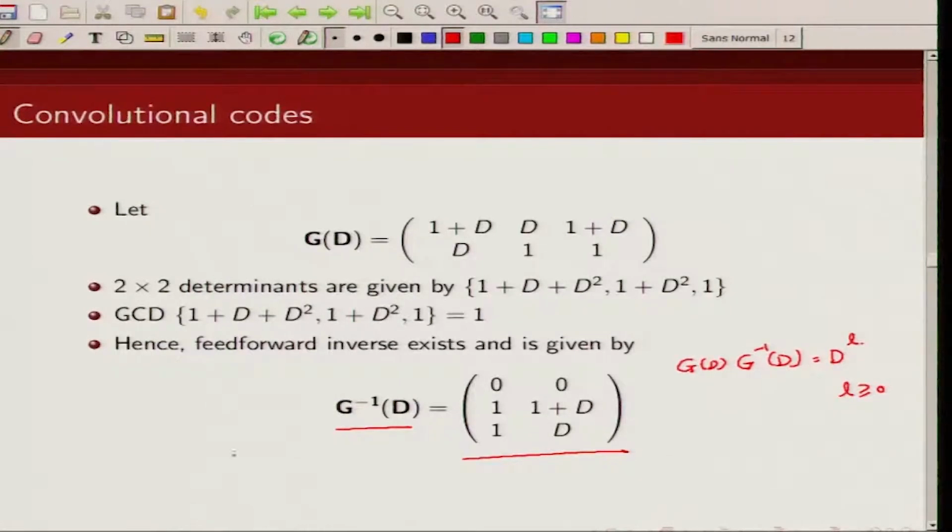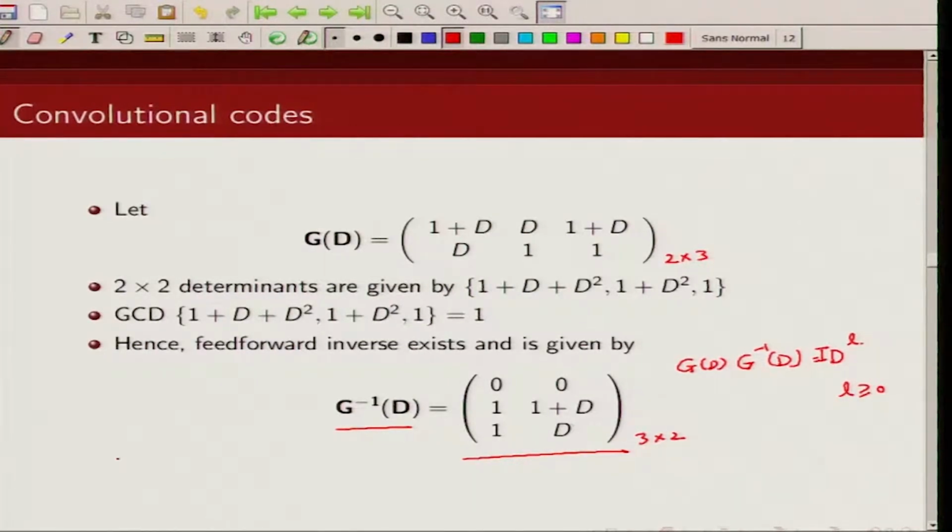Let us see, this will be 1 plus d times 0, and then d, 1 plus d. So, this is a 2 cross 3 and this will be a 3 cross 2 matrix. So, what we will get is a 2 cross 2 matrix, some D to the power L times a 2 cross 2 matrix. So, let us just work it out.